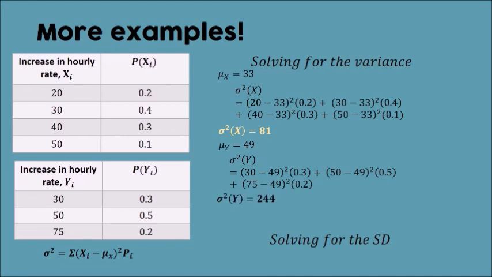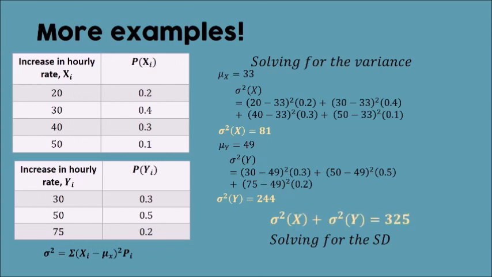The answer is equal to 244. Again, just like the mean, we add the two individual variances together to know the actual variance of the total raise in hourly rate for both universities. The variance of both, 81 plus 244, is equal to 325.